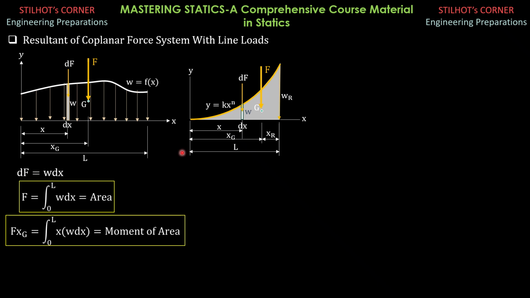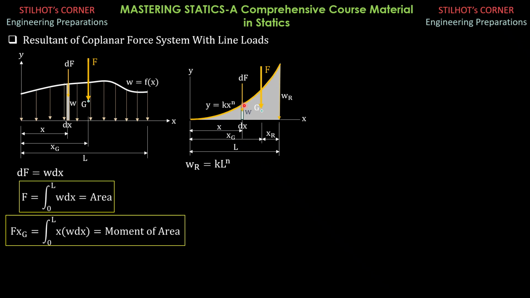So this is the length of the line load, which is L, and the intensity at the right is WR, and of course here it's 0. That's why we have y equals kx to the n. So at this point here, y is WR and x is L. Therefore, WR equals KL to the n.